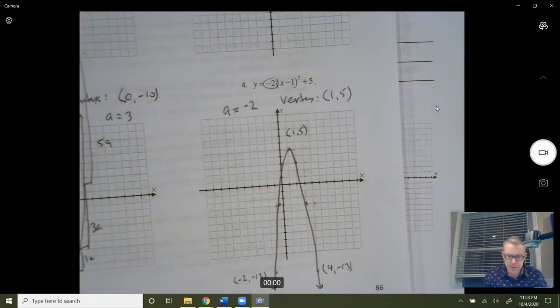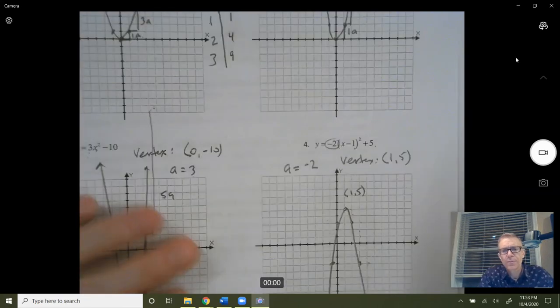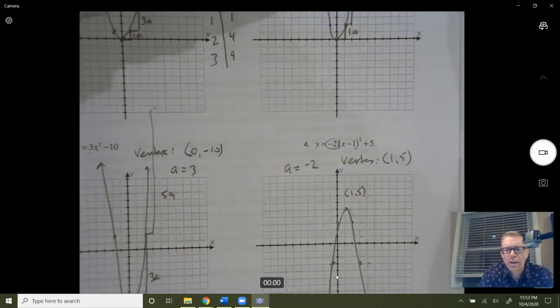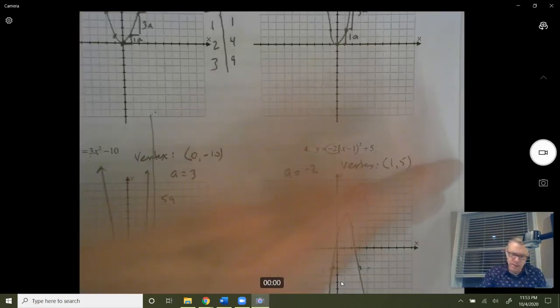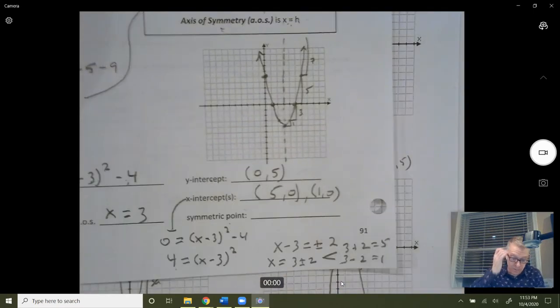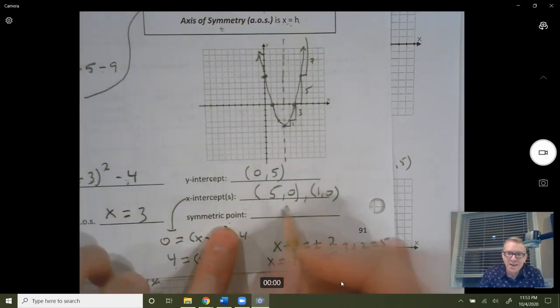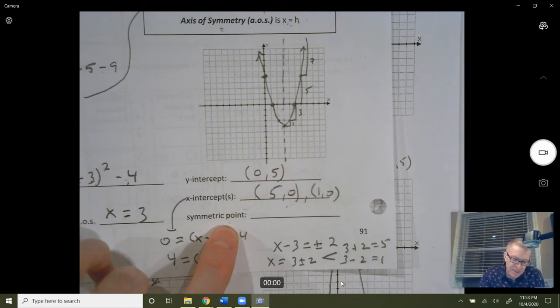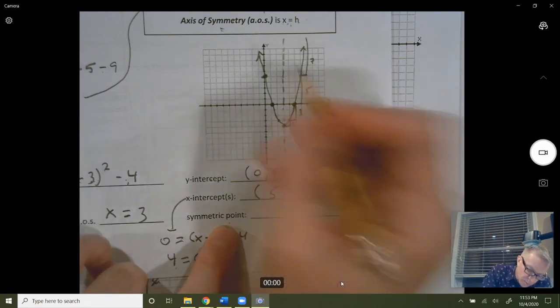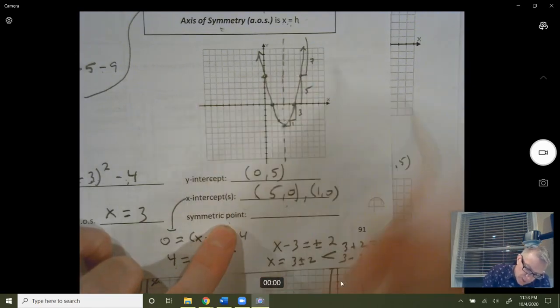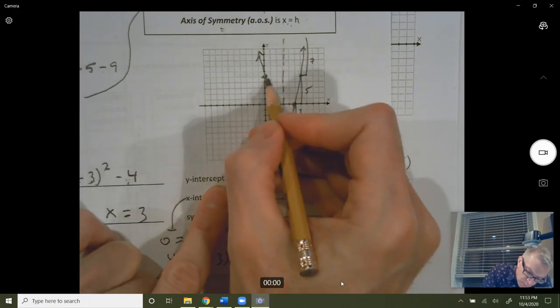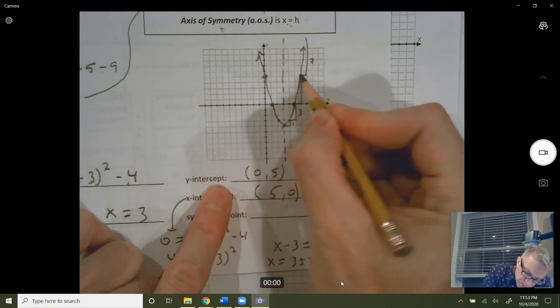All right, sounds good. So that pattern can be very useful. Okay, and then, oh, and one thing I didn't write in on this first one, I remembered I didn't write in our symmetric point. You can't have a symmetric point by itself. Any point can be a symmetric point with another point. So a lot of times we use our y-intercept and the symmetric point with the y-intercept, which would be this point over here.